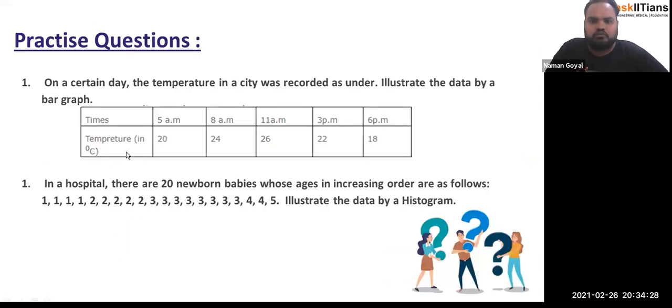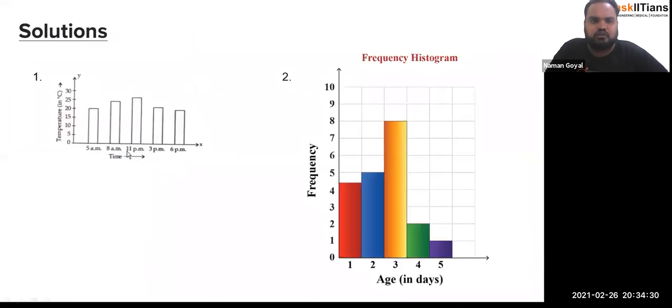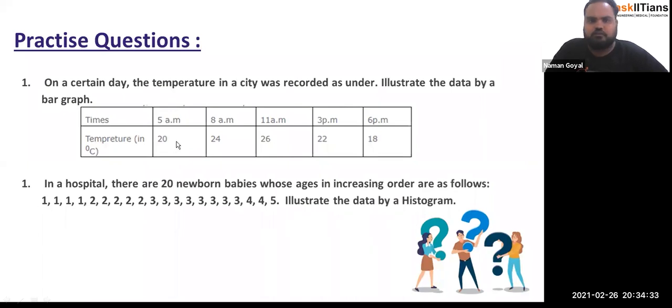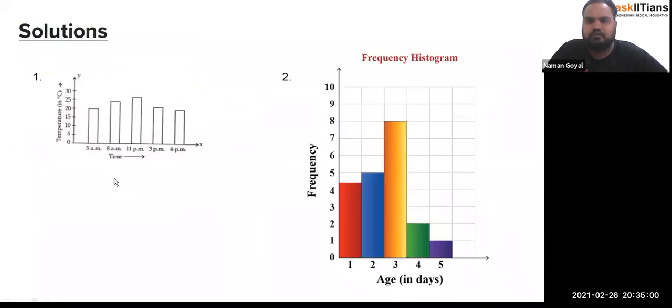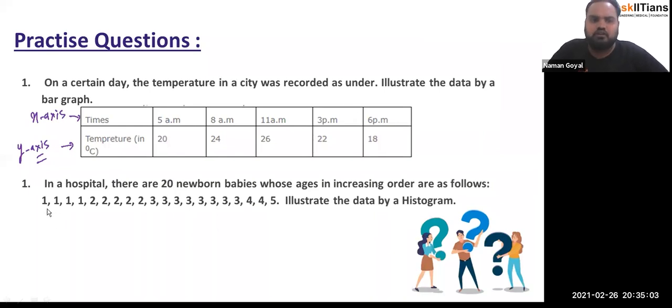Now there are some practice questions. You have to draw this. So you can draw the bar graph of this one. For this particular question, you have to take time on the x-axis and temperature on the y-axis. And the same for this histogram: first of all, you have to make the classes.